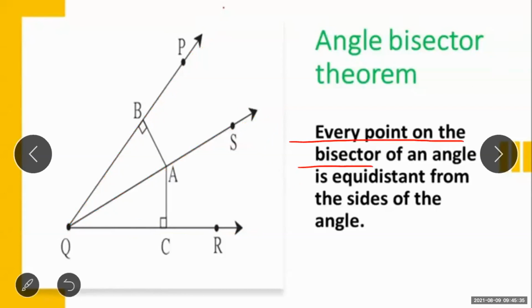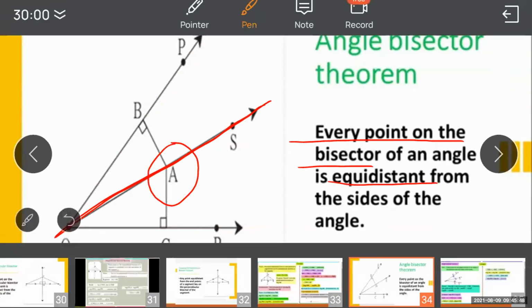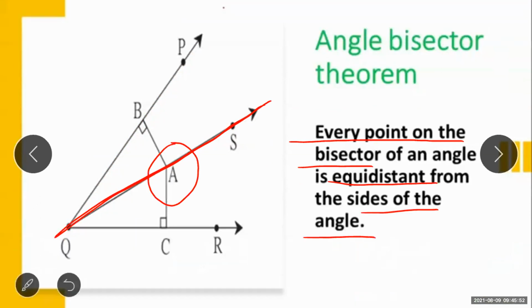So one of the points is point A. Every point on the bisector of an angle is equidistant from the sides of the angle. So the sides of the angle mean side QR and side PQ.